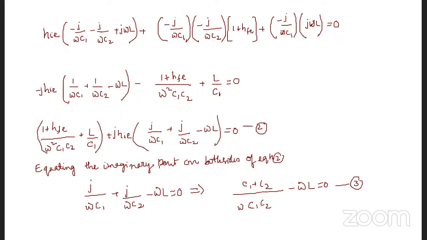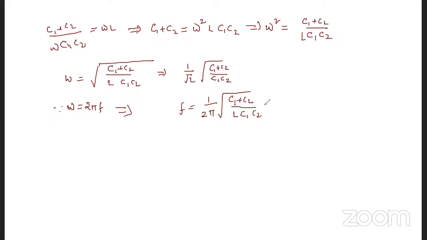So this is the frequency of oscillations for Colpitt's oscillator. This equation number 4, which we have got here, is f equals 1 by 2 pi into root of C1 plus C2 by L C1 C2.